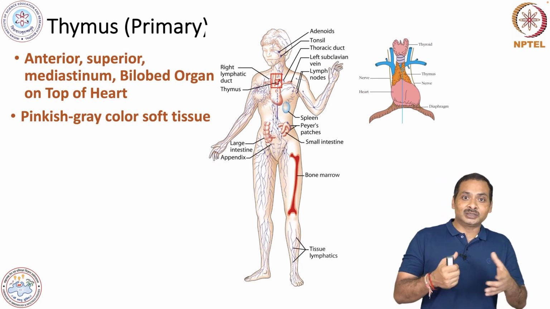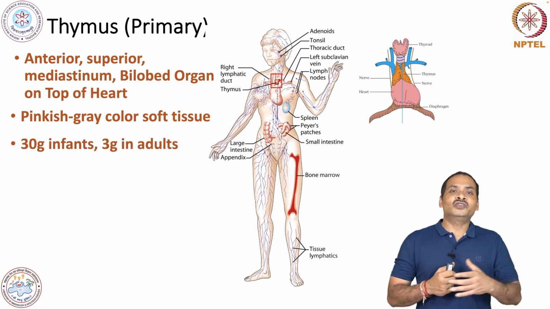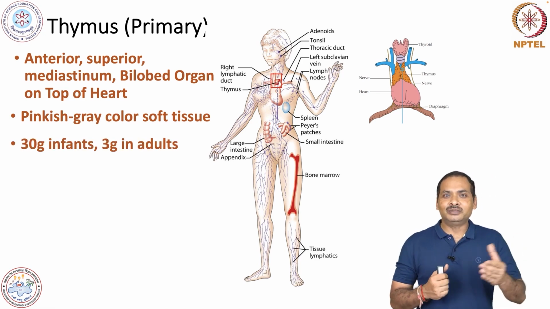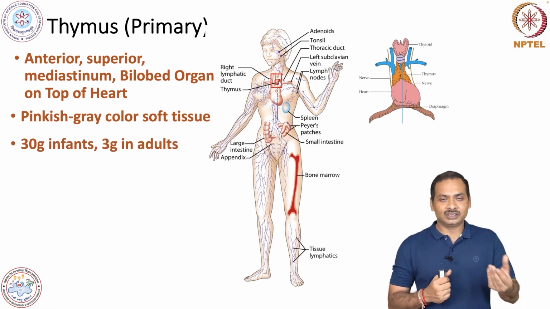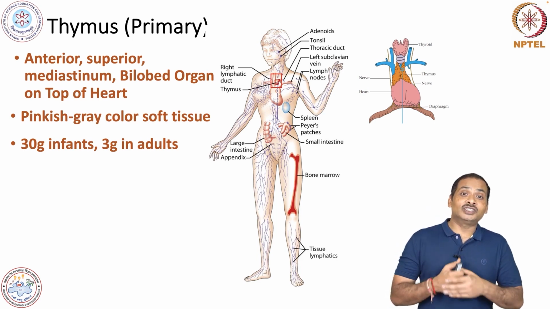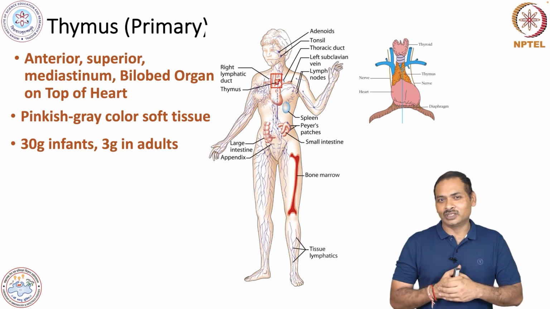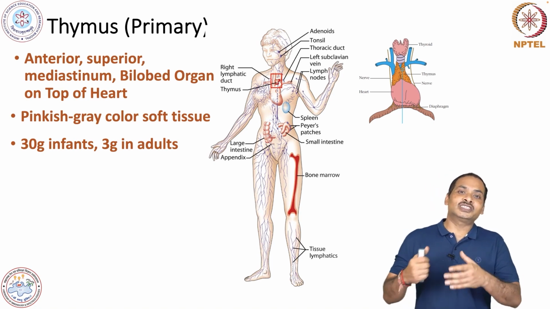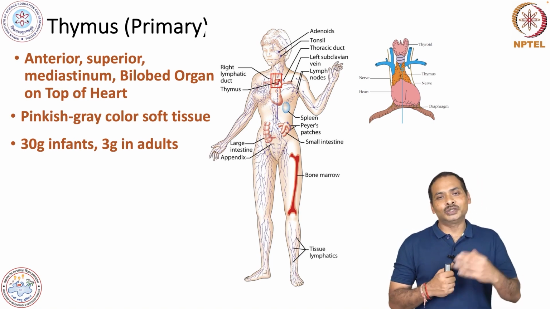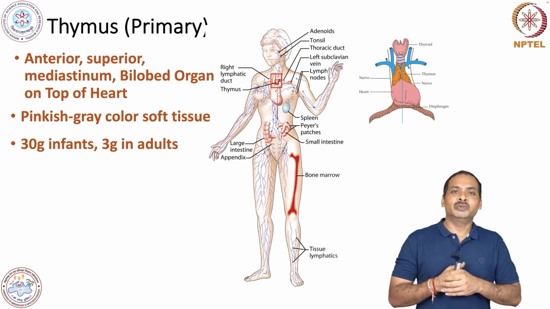In a human infant the weight of this organ is about 30 grams, and at the age of 35 its weight reduces to about 24 grams, and at the age of 65 only 2 grams of thymus tissue remains.